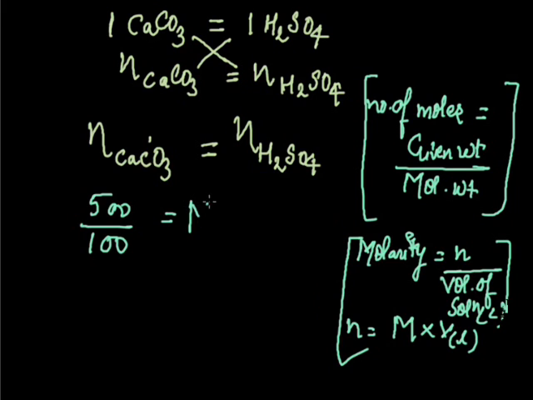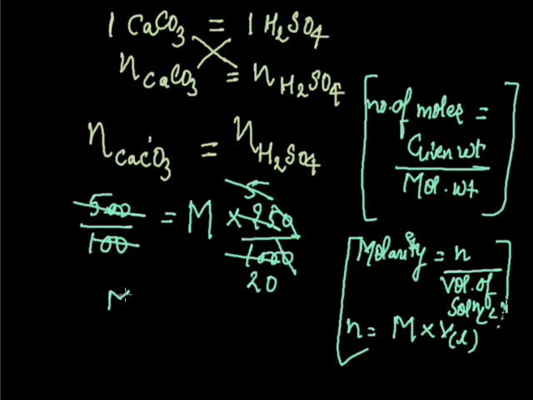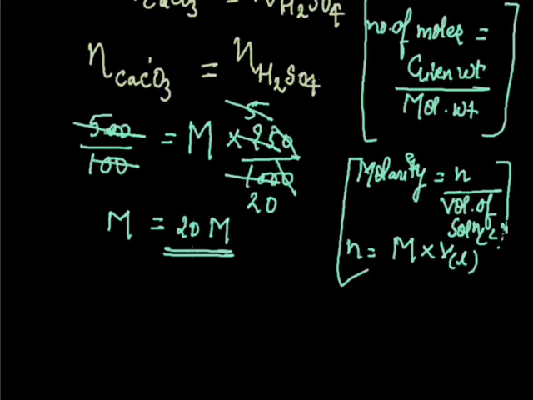Here molarity is unknown, so we'll keep it as M, and the volume of solution is 250 ml. So we'll divide it by 1000 to convert it. So here molarity comes out to be 20 molar. This concentration is for the H2SO4 solution.